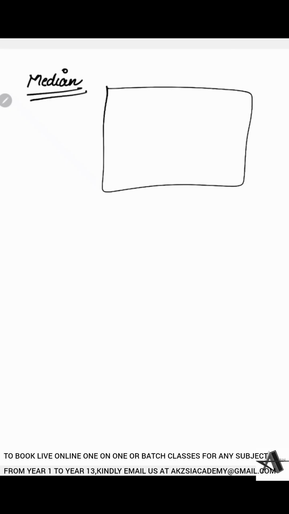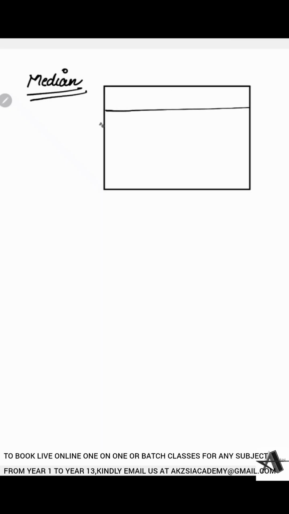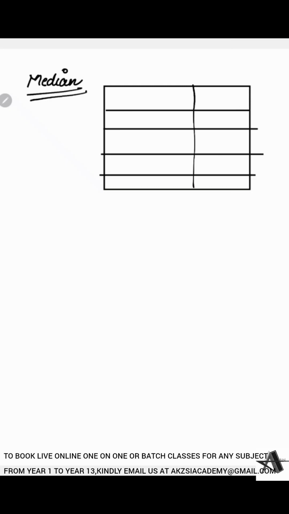If tabulated data is given, that means a table is given with different frequencies. It's like 0 to 20, then 20 to 40, 40 to 60, 60 to 80, 80 to 100, something like that, and then the frequency is given.